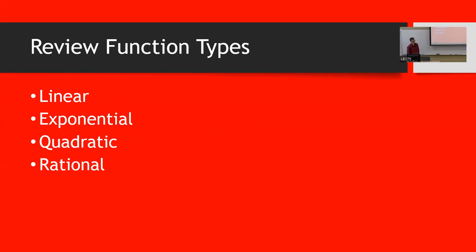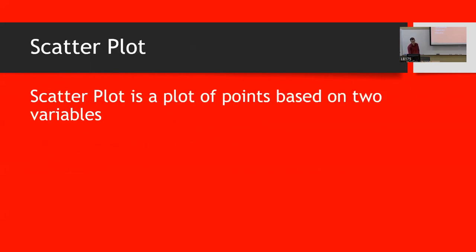All right. Now, the data that we're going to use will primarily come from scatter plots. When I say we're going to look at data, we're going to look at pairs of data, and those pairs create points.